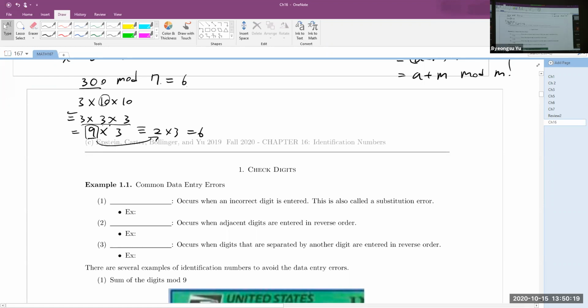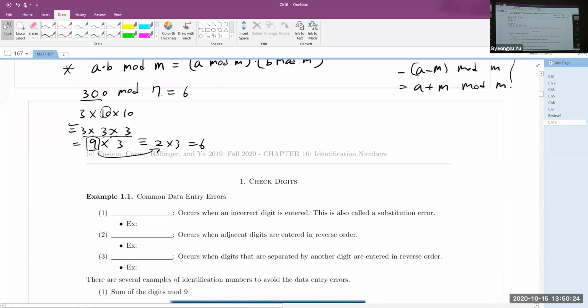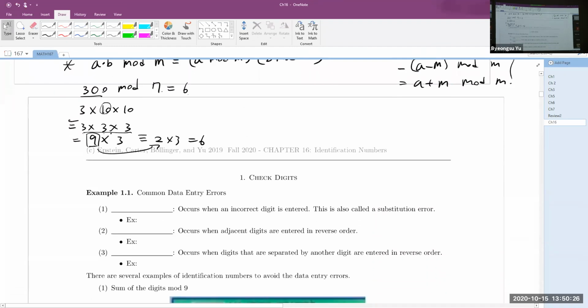Then let's deal with the check digits. I already introduced that to use the identification number, we always give some check digits because data may contain errors or maybe someone tries to fake your data. So there are some common errors. The first one is called single digit error.